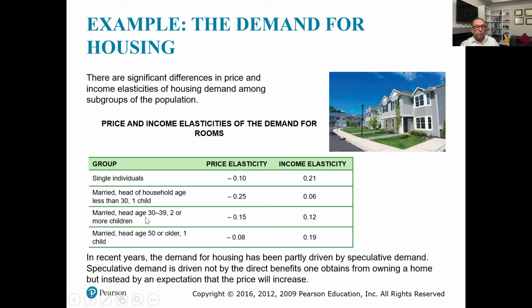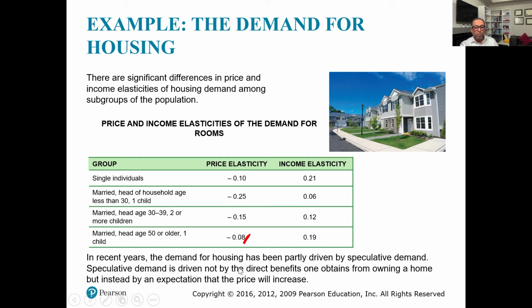Married, age between 30 to 39, with two or more children: in this case, again, the elasticity is less as compared to married with one child. Then married, age 50 or older: you see that inelasticity is increasing. So these guys are more set on buying the house as compared to the one married with one child. So we see that at old age, people are more concerned about buying a house without any effect of price.